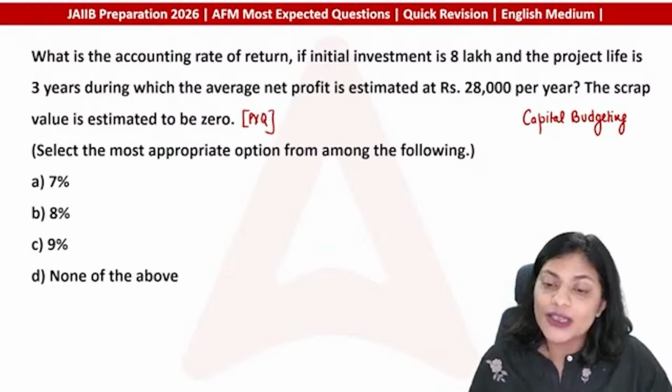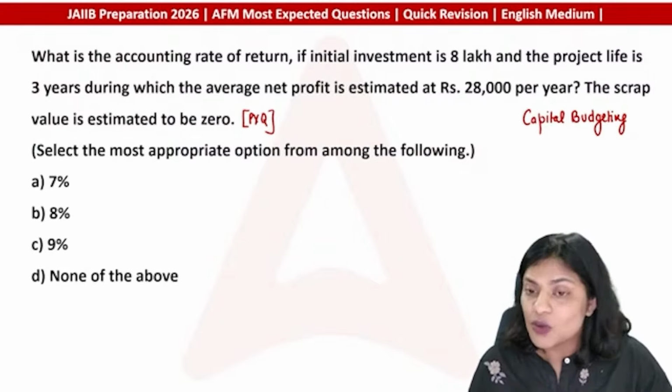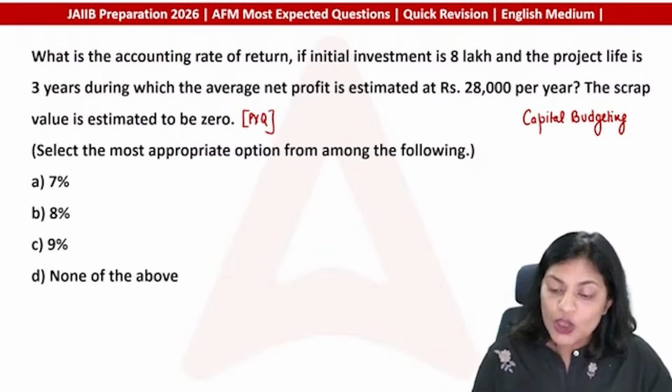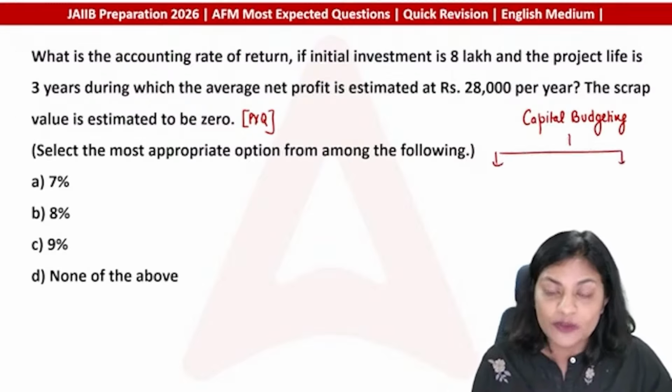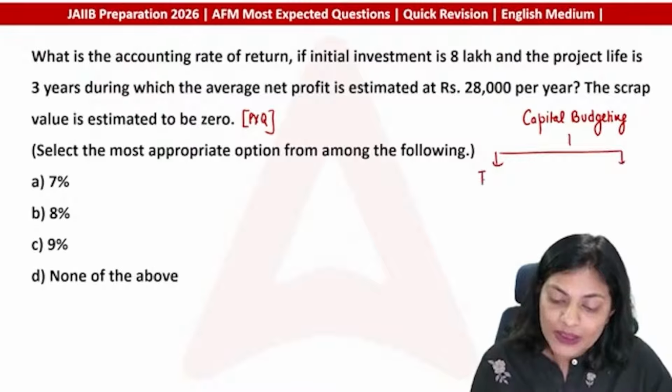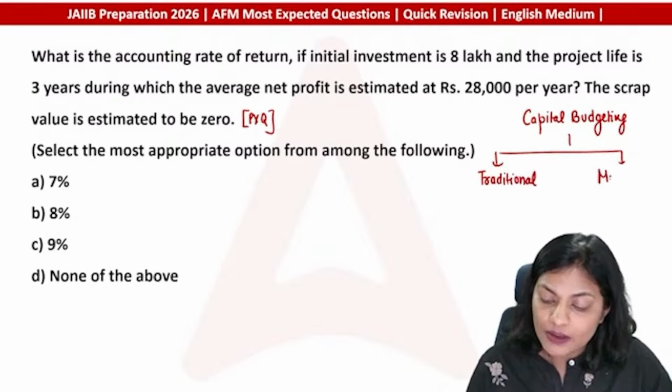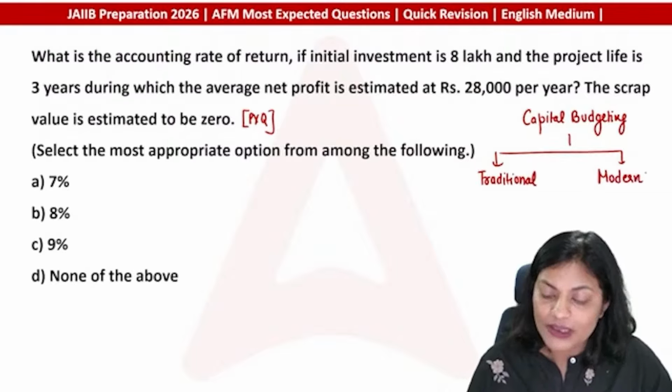And in order to take that right decision, there has to be some technique that has to be followed. So while making a decision in capital budgeting, there are two types of techniques. One could be referred to as traditional techniques or non-discounted techniques, and the other the modern techniques or discounted techniques.